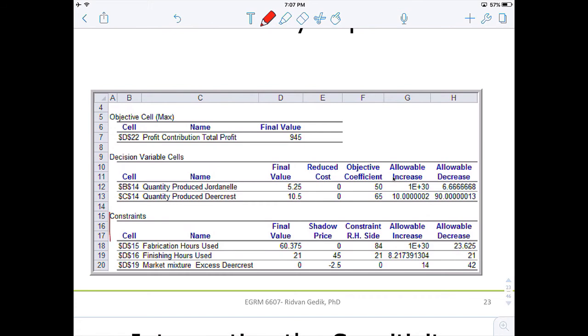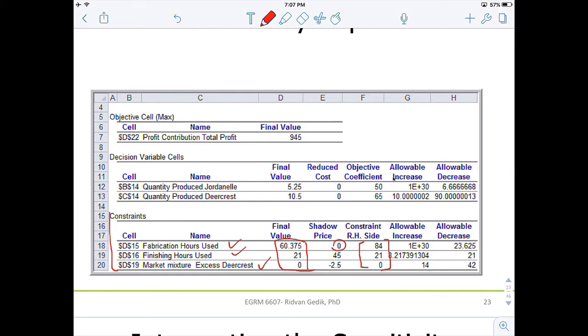So for the constraint cells, for the fabrication hours, finishing hours, and the market mixture, right? The final values are given here. Here the shadow price is equal to 0 for this constraint. The right hand side of the constraint is 84.